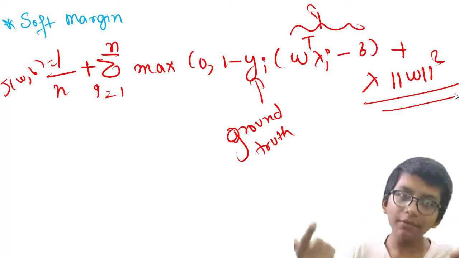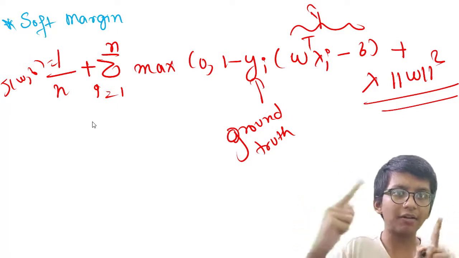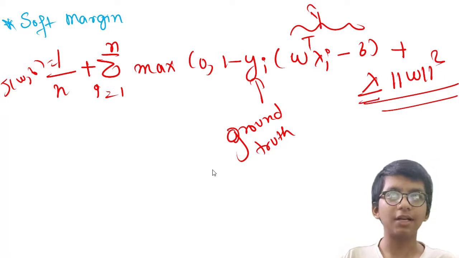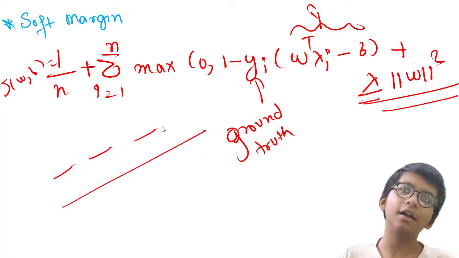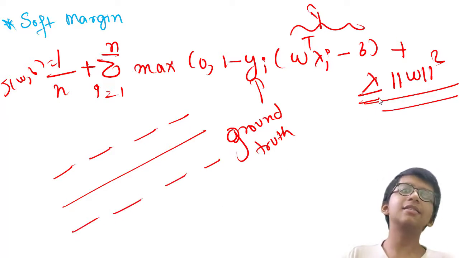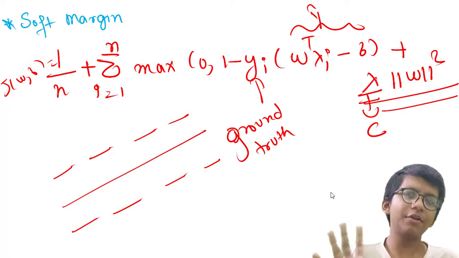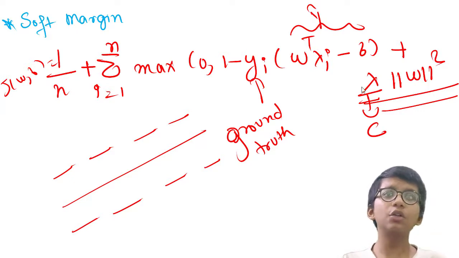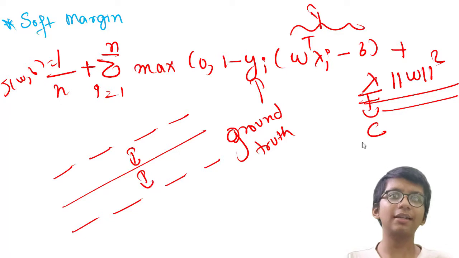In the previous hard margin, we were strictly imposing to maximize the hyperplane with parallel margins, but here we can control that using lambda. Sometimes you will see it denoted by C, but let's denote it as lambda for now. Using lambda, we can control the width of the margin.